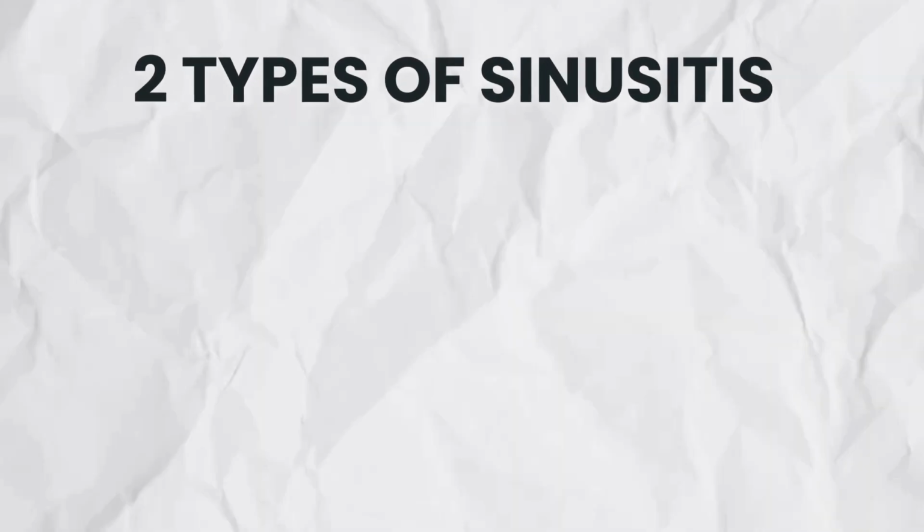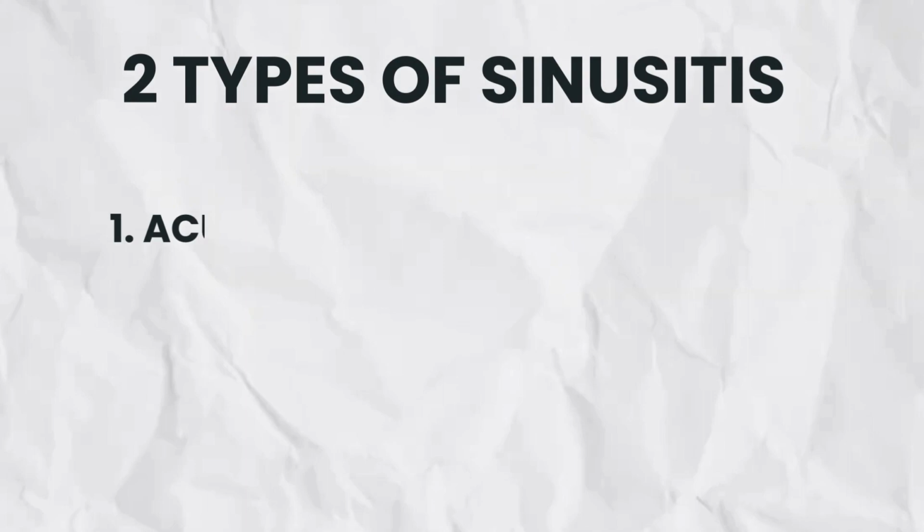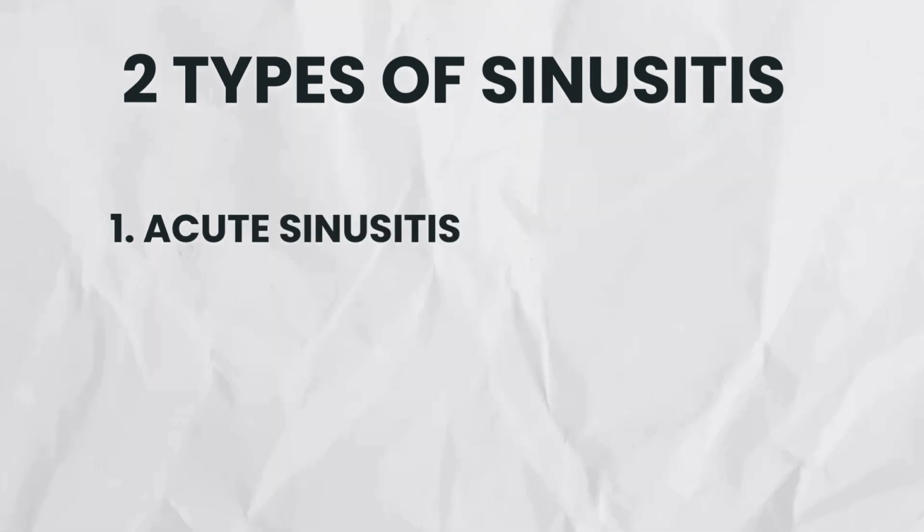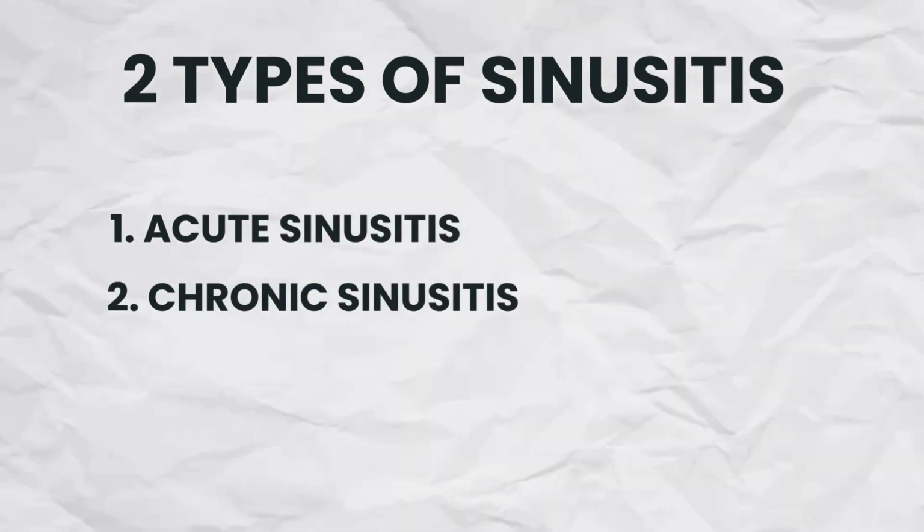So let's get to know what sinusitis is. Sinusitis is inflammation of the paranasal sinuses due to viral, bacterial and sometimes allergic reactions also. And there are 2 types of sinusitis. Number 1 is acute sinusitis and number 2 is chronic sinusitis.